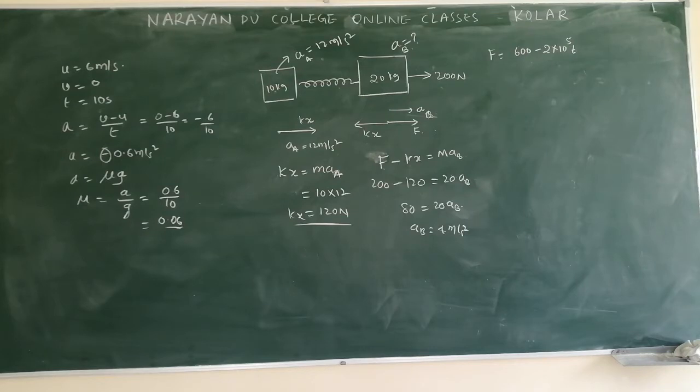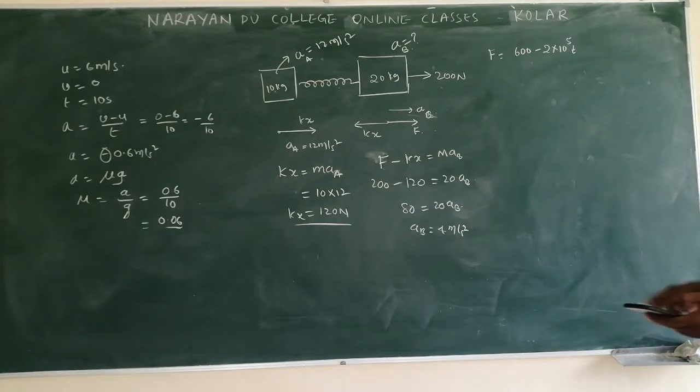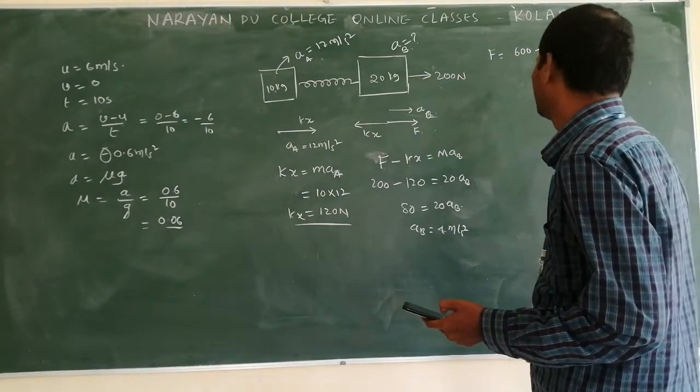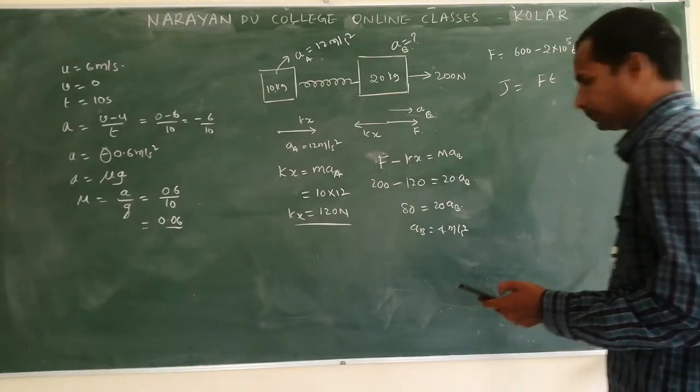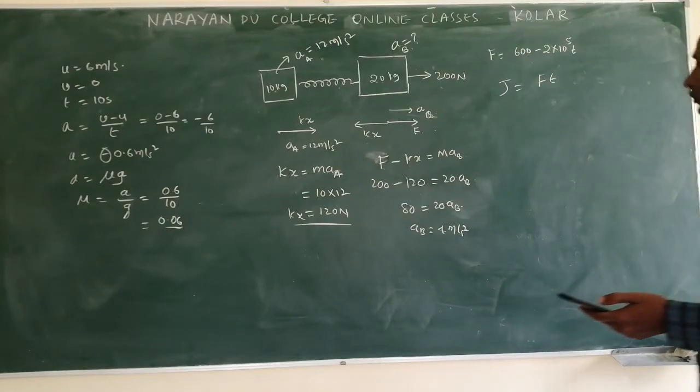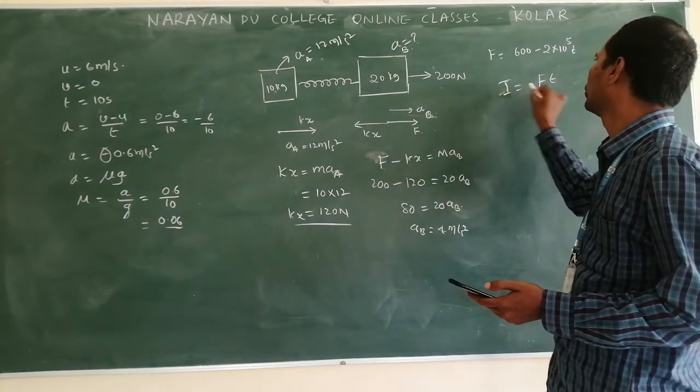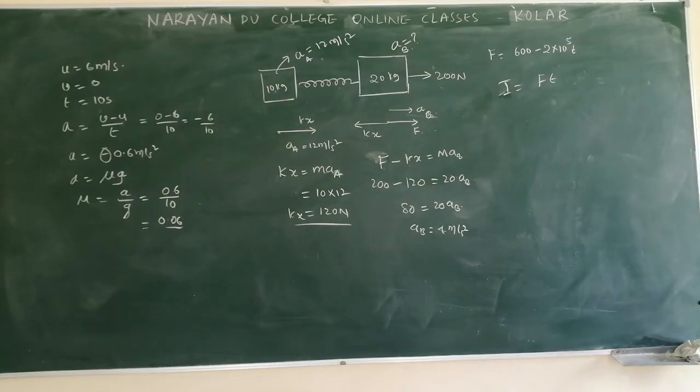The force on the bullet becomes 0 as soon as it leaves the barrel. Then the average impulse imparted to the bullet is. They are asking the impulsive force. What is that impulsive force? J is equal to Ft. Clear? Or you take it I is equal to Ft. Clear?